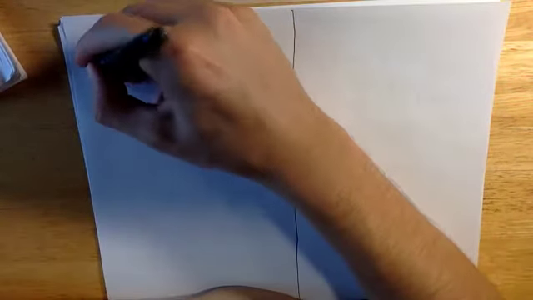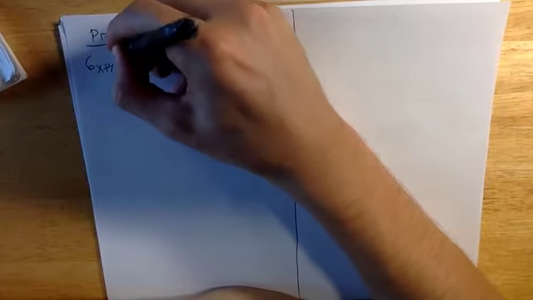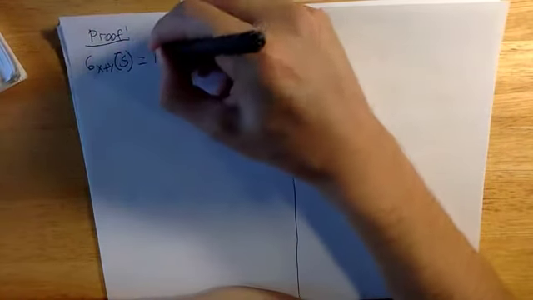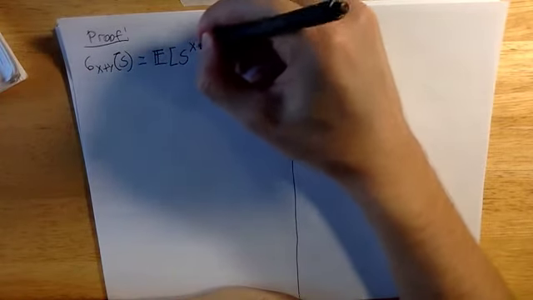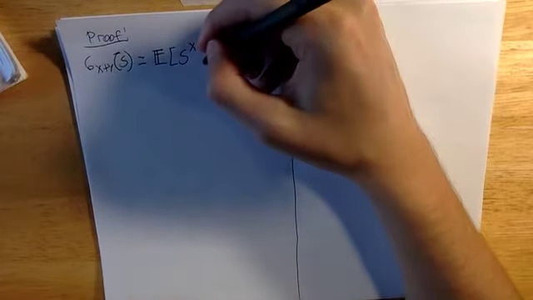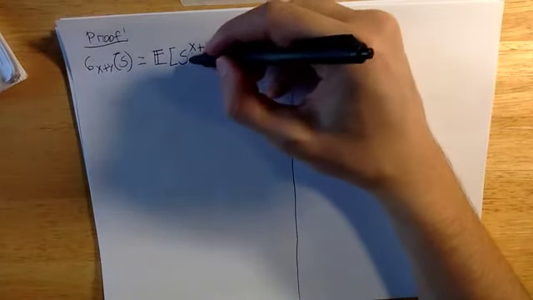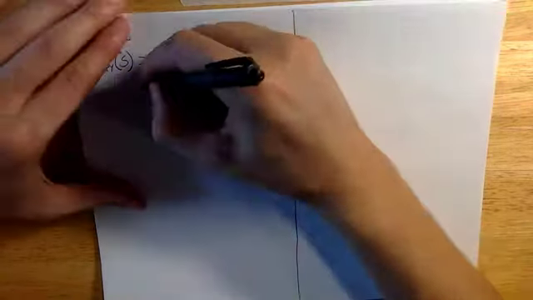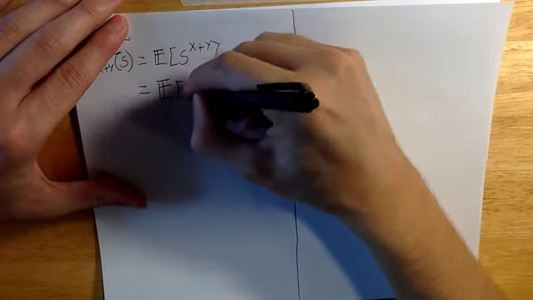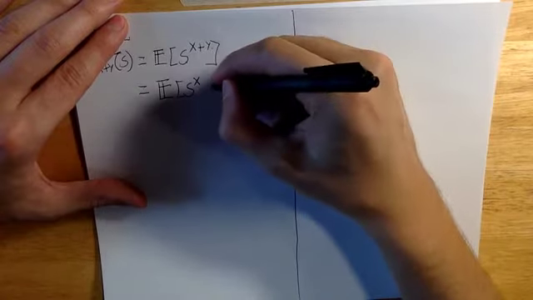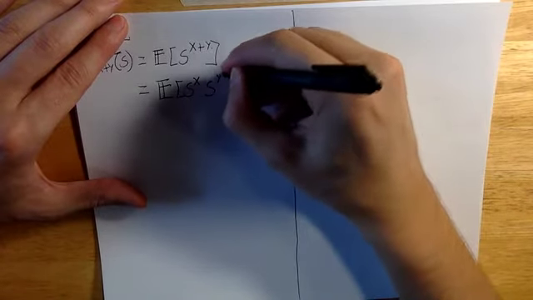So g of X plus Y evaluated at s is going to be the expectation of s to the X plus Y. The exponential of X plus Y is going to be the expectation of s to the X times s to the Y.